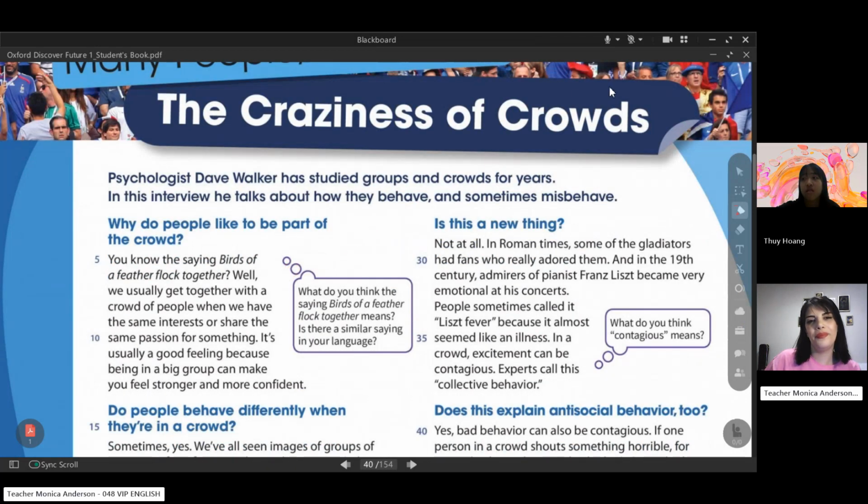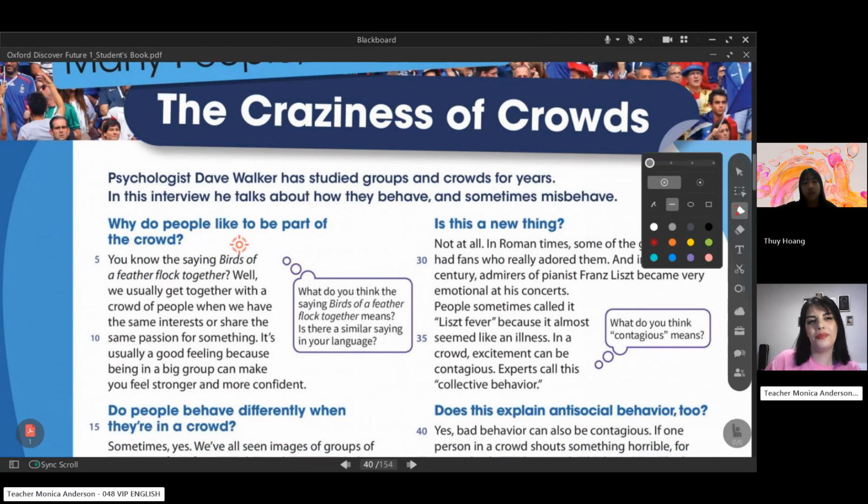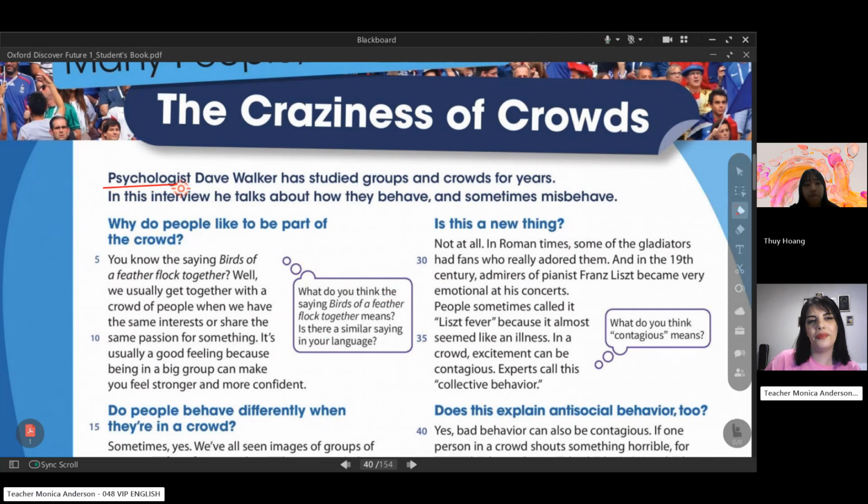The Craziness of Crowds. Psychologist Dave Walker has studied groups and crowds for years. In this interview, he talks about how they behave and sometimes misbehave.